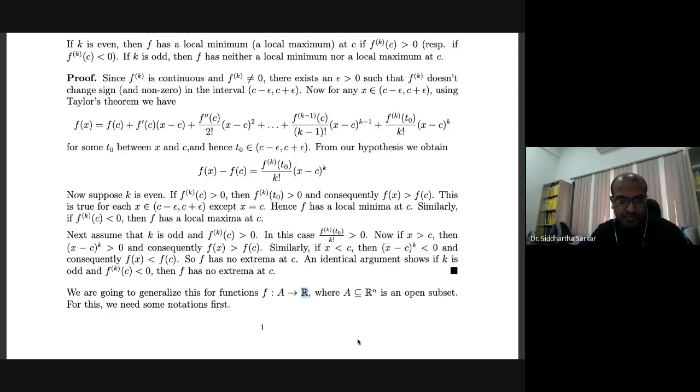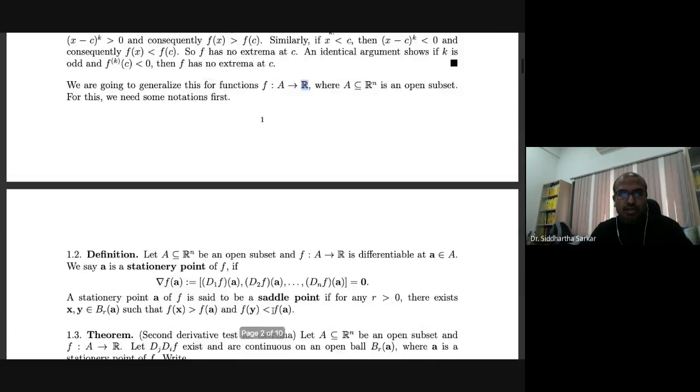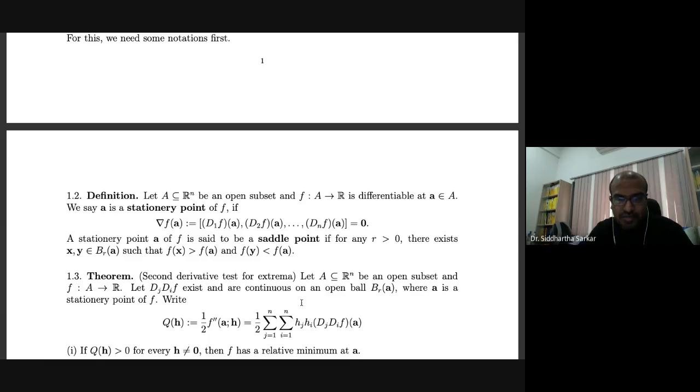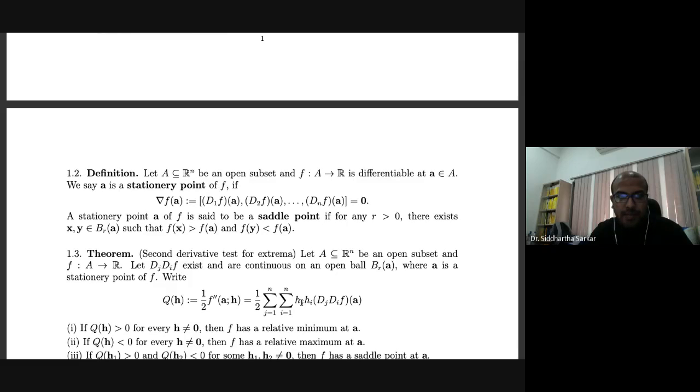Okay, so let us just pick some notations over here. So the notations are, I didn't introduce this nabla notation over here. So at one particular point, nabla f(a) is simply the derivative in the matrix form, because in this particular case I am taking real valued functions.